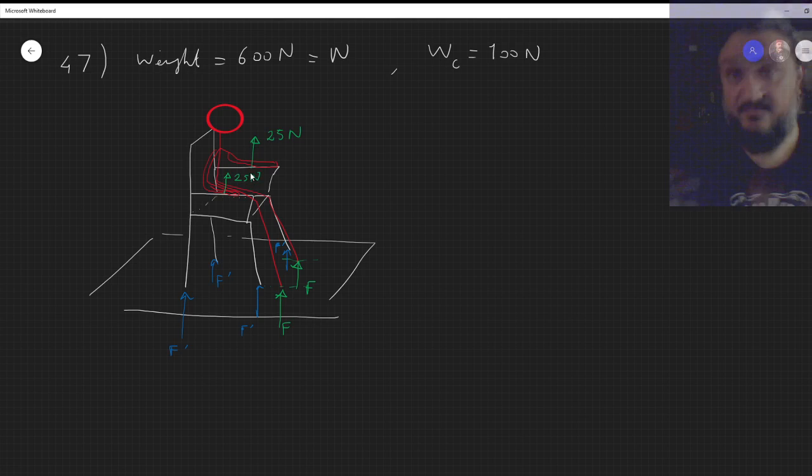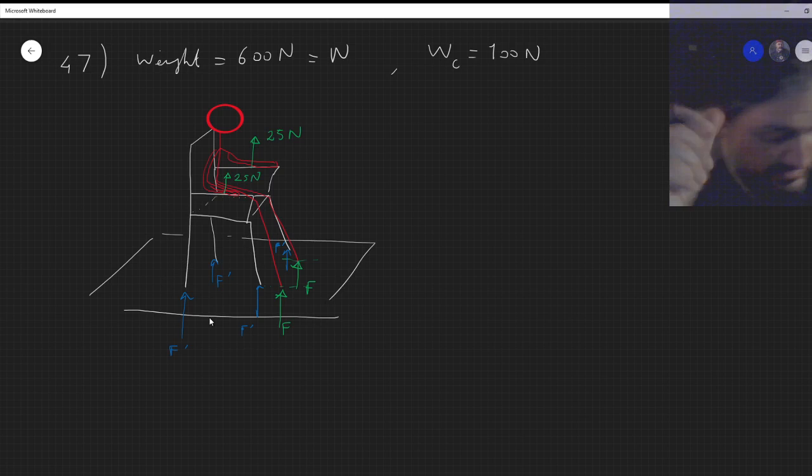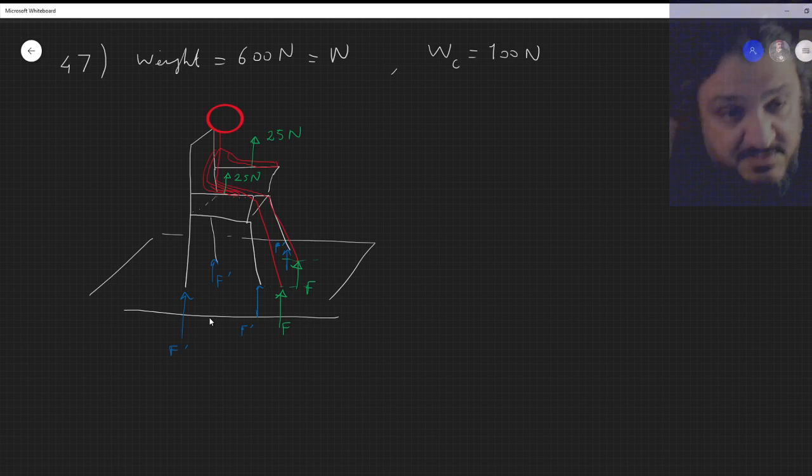Because that's an internal force. We only have to show the external forces. And that system will have these forces from the floor as external, besides, of course, the combined weight, all right?